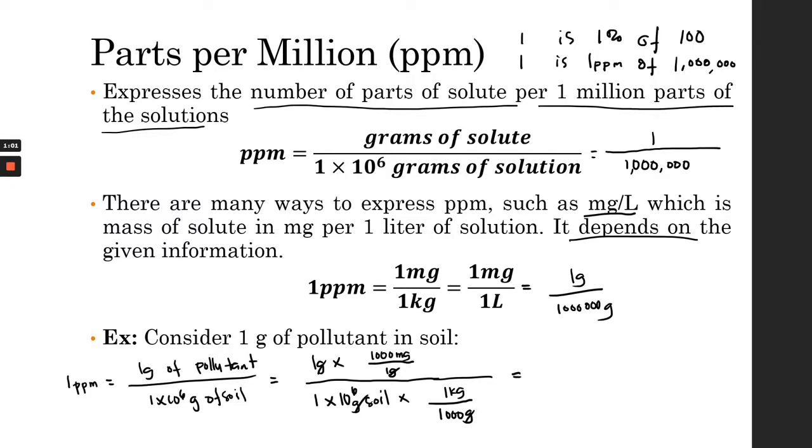So this is 1000 mg divided by 1 times 10 to the 6 divided by 1000 kg, which is equal to 1 milligram of pollutant per 1 kilogram of soil.